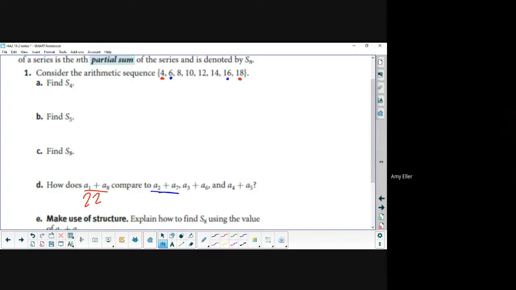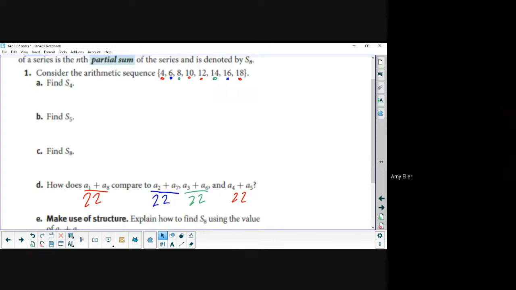Add those up. That's 22. You go and add the 3rd term with the 6th term. This pattern is going to help us create an equation.